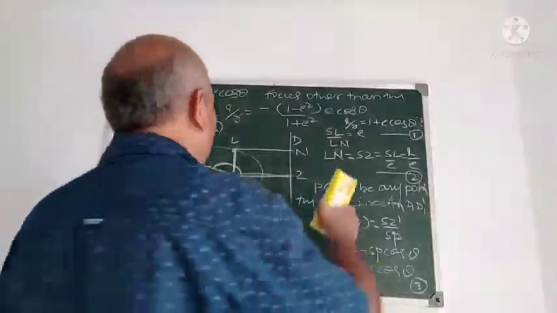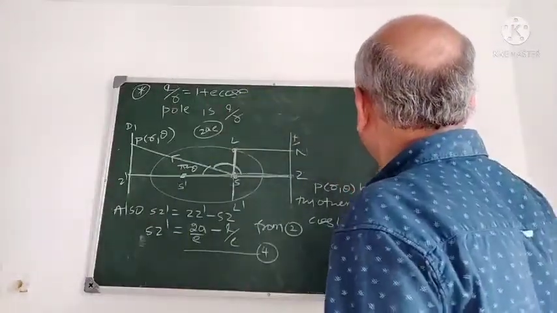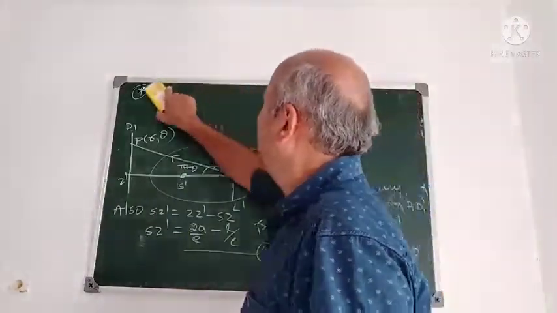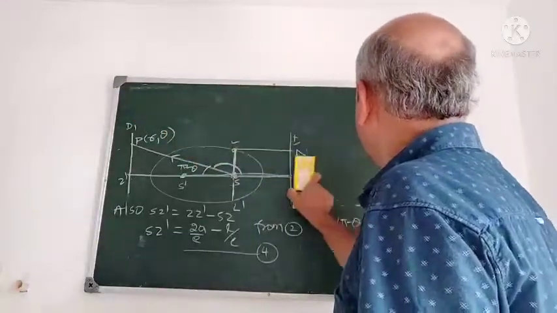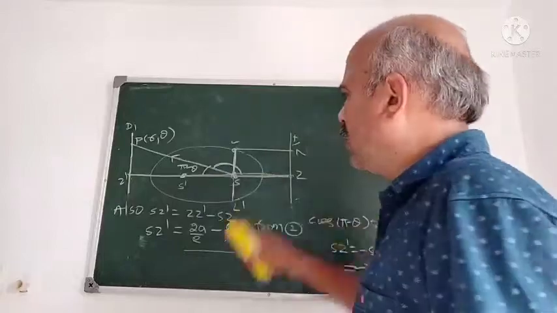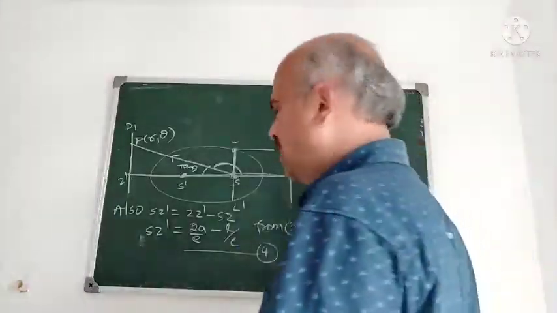Now, I have used this result here. What is that? ZZ dash is the distance between the directrices, and it is equal to 2a upon e. That result I have used. Now I continue further.